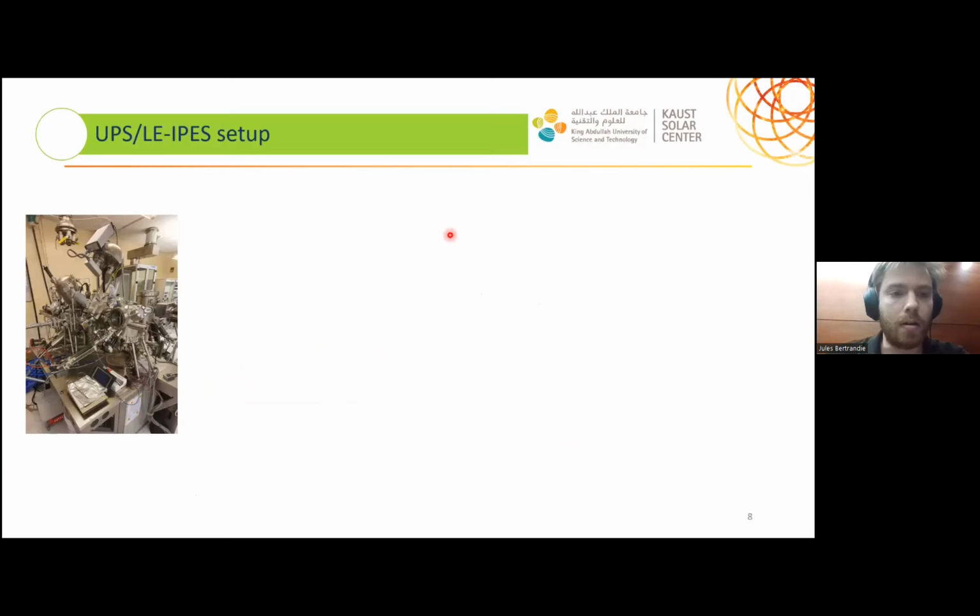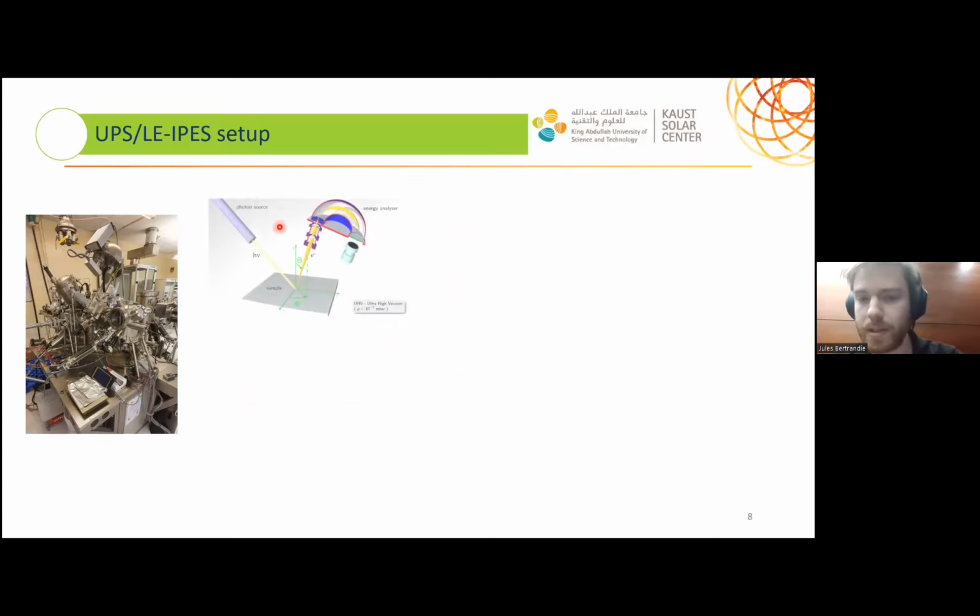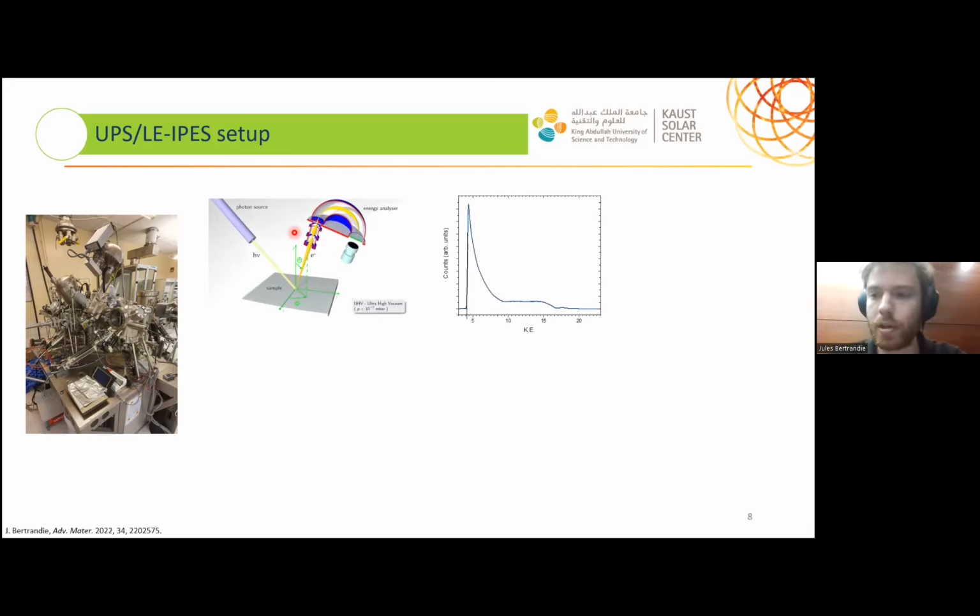Now the photoelectron spectroscopy. It's a quite bigger setup compared to cyclic voltammetry. It's an ultra-high vacuum setup. With this setup, we can measure UPS, ultraviolet photoelectron spectroscopy, where we send photons of a very particular energy, created with a helium plasma, onto our devices.